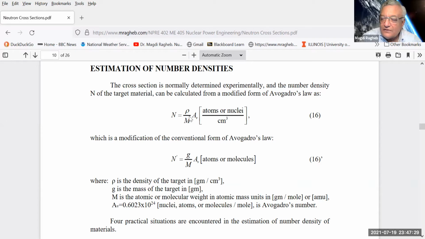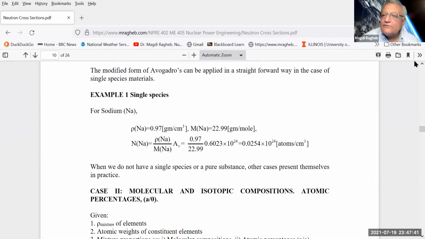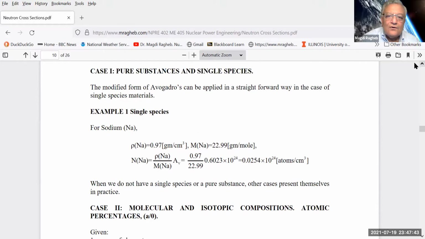For instance, the cross-section for water, H2O, is the sum of the cross-section for the hydrogen, H2, as well as the oxygen, O. This is the only place in the literature where you'll find a description of how to calculate number densities for different compounds. It's not in the textbooks whatsoever, so I went through the trouble of figuring it out.